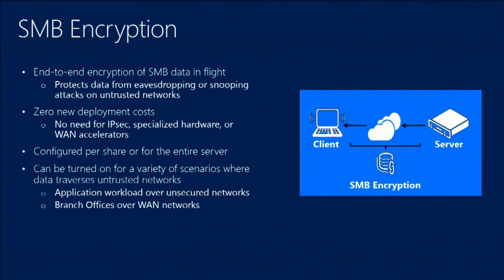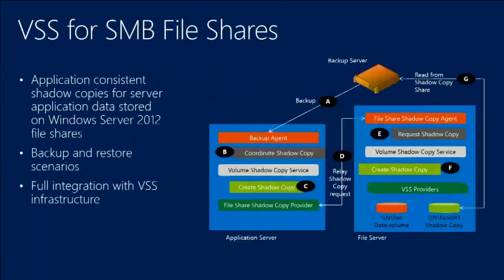So that means encryption without the need for certificates, without the need for PKI. We do use the AES encryption that can be accelerated by the CPU. The modern CPUs have AES-NI that can help with that encryption. So this is also available through SMB.